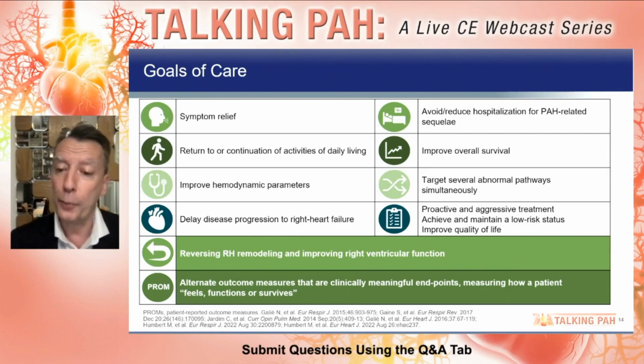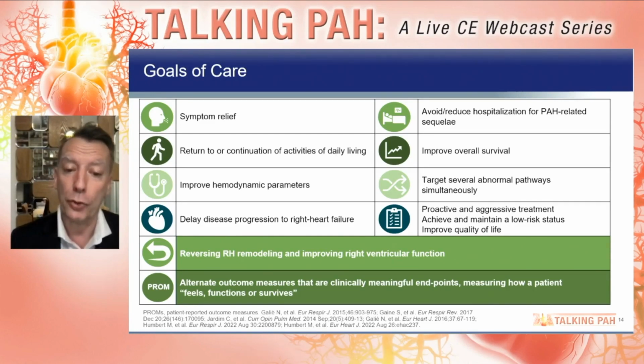We need to be very proactive and aggressive in terms of treatment, and our ambition is to achieve and maintain a low-risk status in order to improve also quality of life and reverse the right heart remodeling in order to have a preserved right heart function.